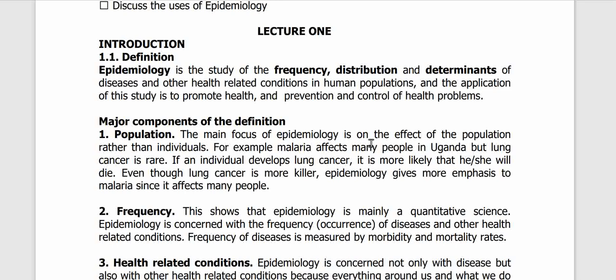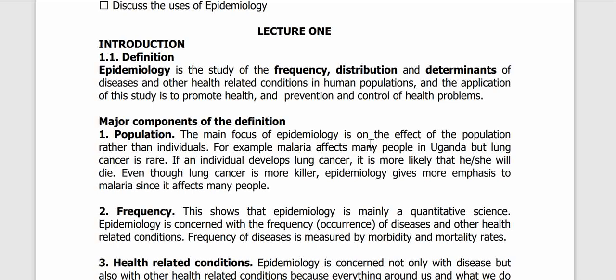So starting with the population, the main focus of epidemiology is not on individuals. It is on the population, a group of people.